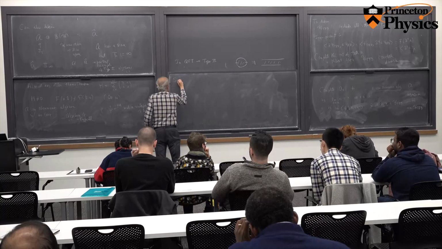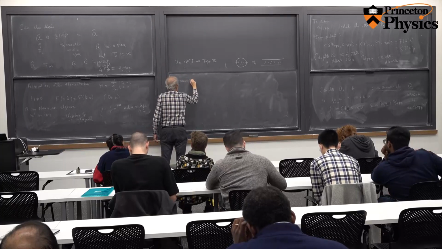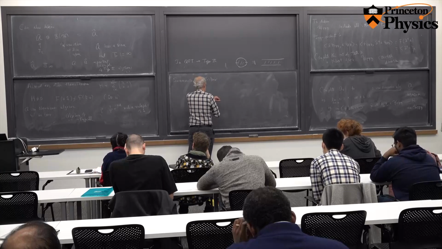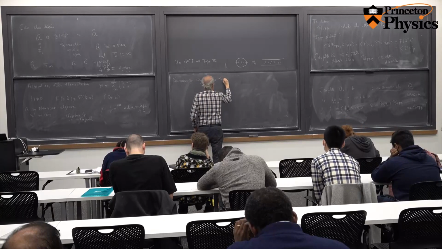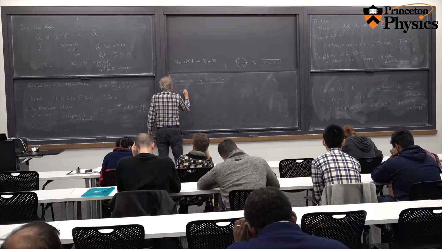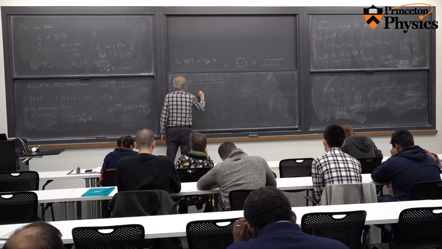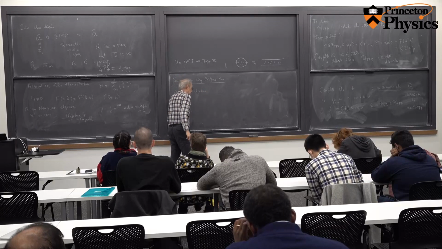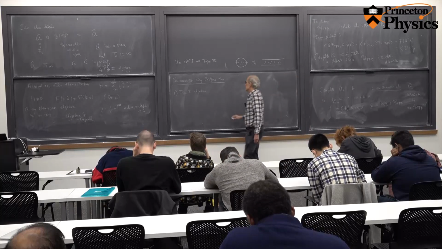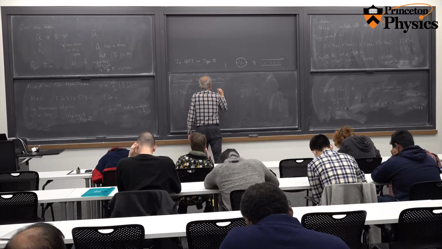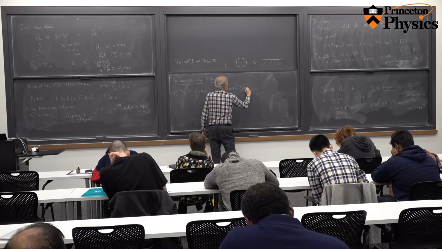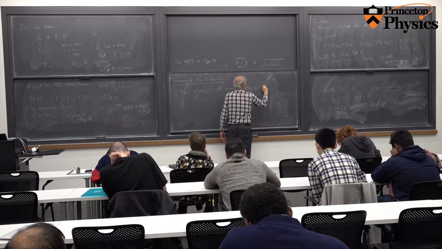So I want to summarize key properties. A type 1 algebra is the algebra of all bounded operators on some Hilbert space.